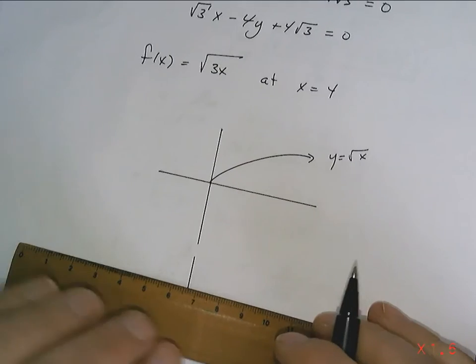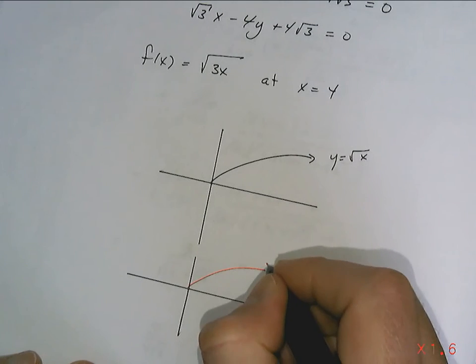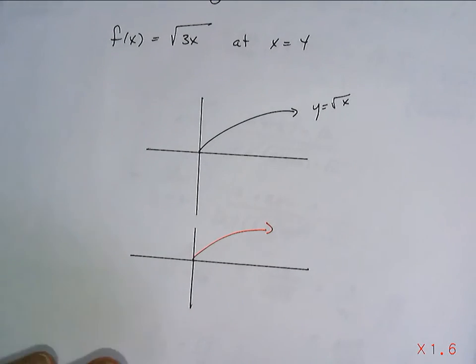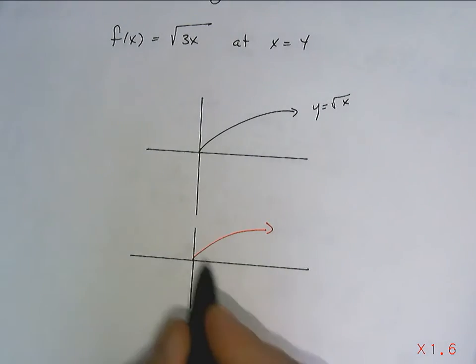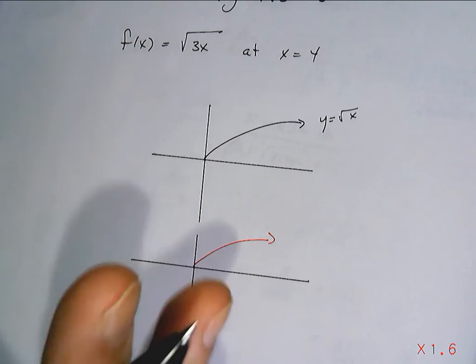To be completely honest with you, it's going to look like this. You're really not going to be able to tell the difference, except by the scale. They look identical, except for the numbers on the scale, which is why I didn't draw one on top of the other, because I didn't want to make a goof.